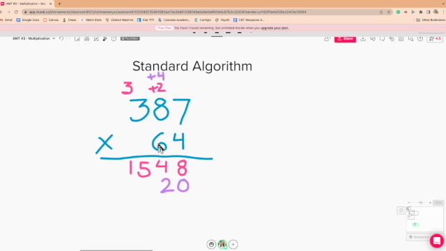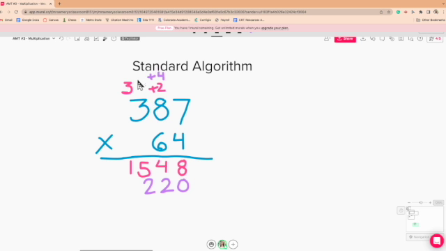So 6 times 8 is going to be 48. But then we need to add this 4 back in. So 48 plus 4, 48, 49, 50, 51, 52. So we're going to write the 2 down here, the next digit over.